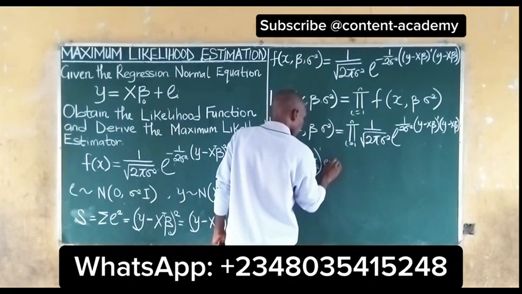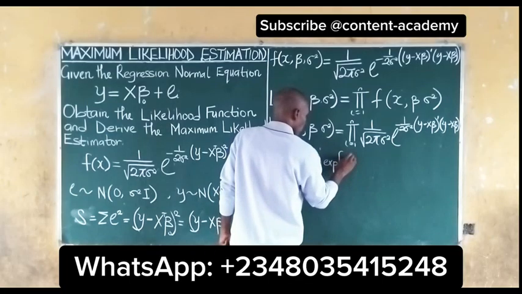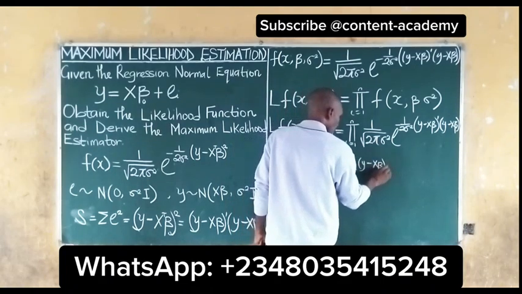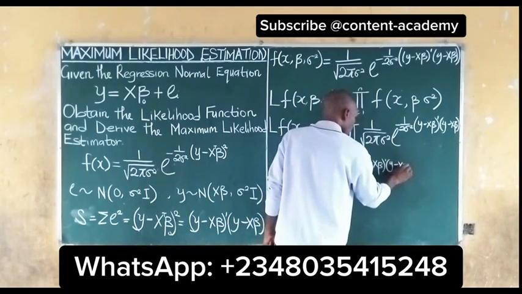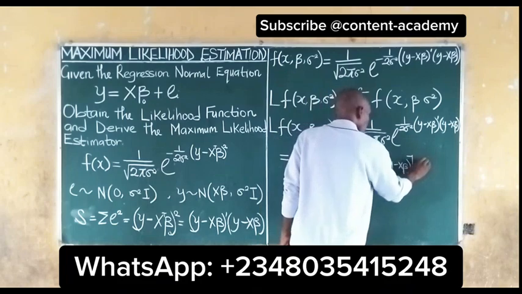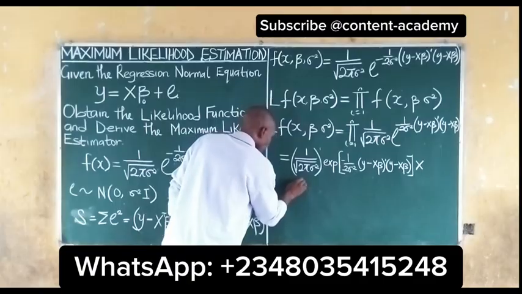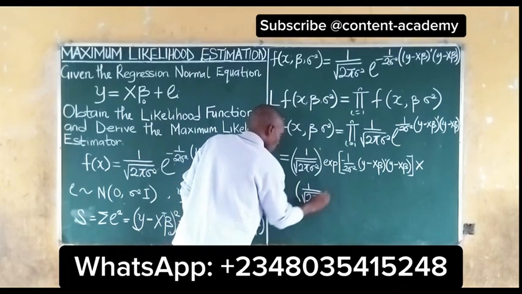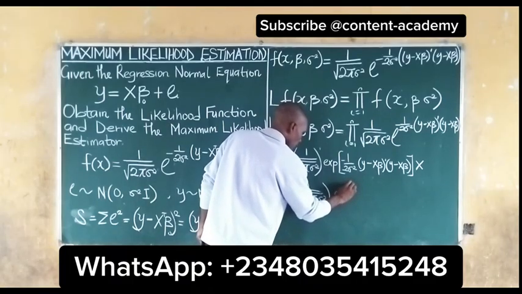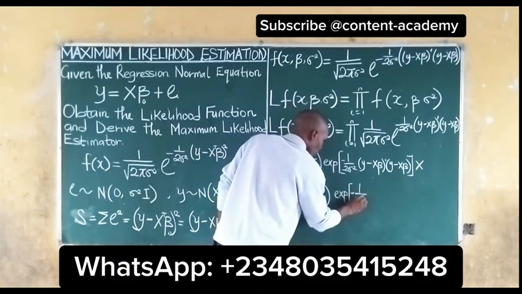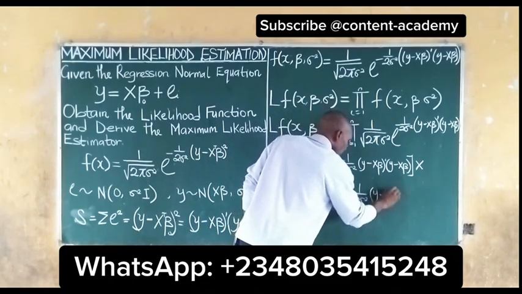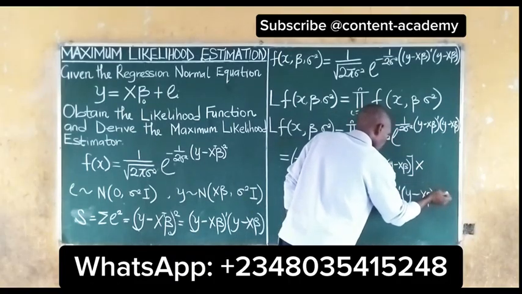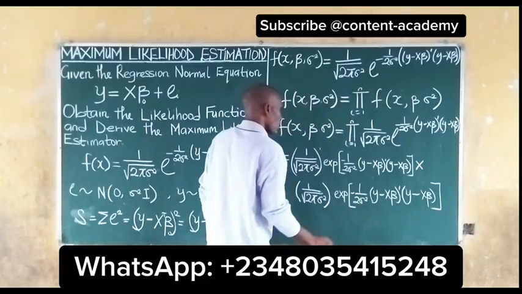We use this exponential negative 1 all over 2 sigma squared y minus xb and y minus xb, multiplied by, we write the second one, 1 all over square root of 2 pi sigma squared, exponential negative 1 all over 2 sigma squared y minus x beta and y minus x beta. So this is what we have as the second one.